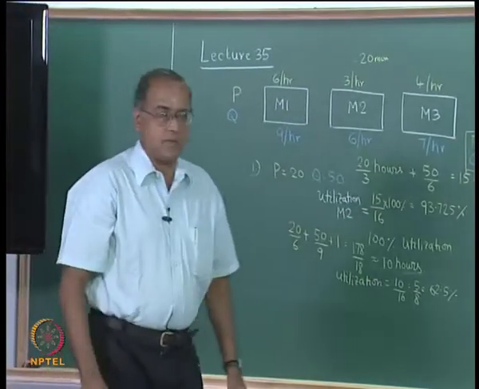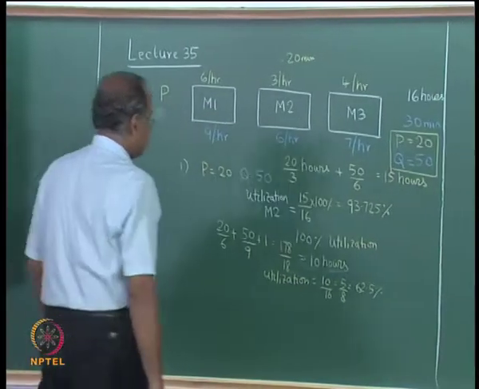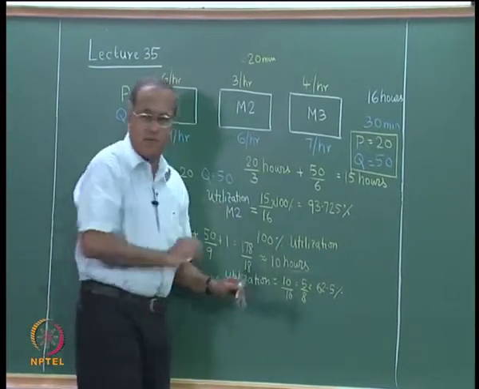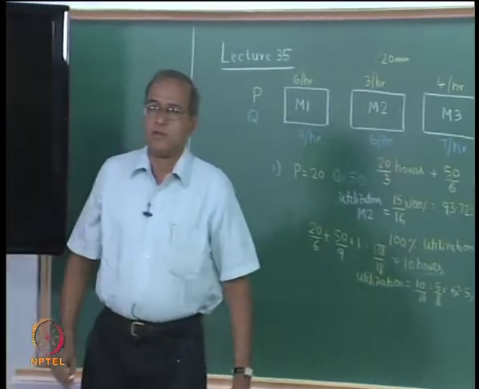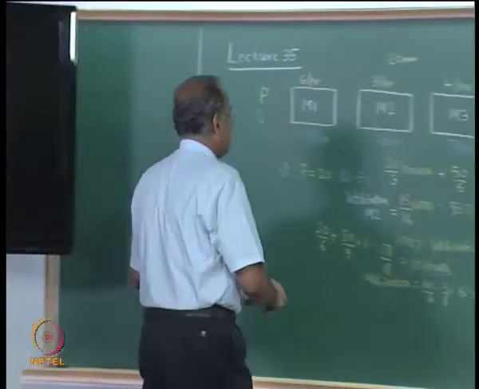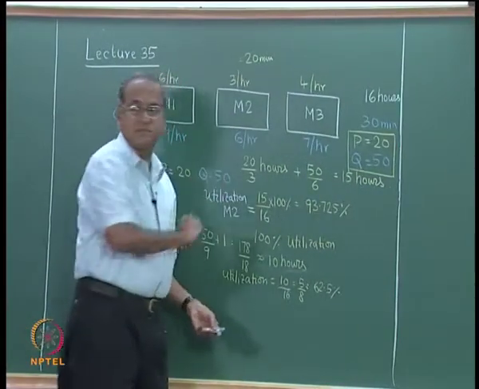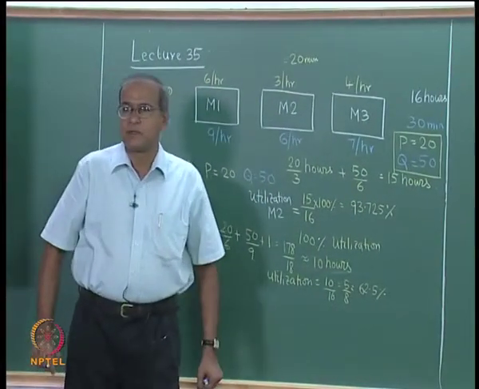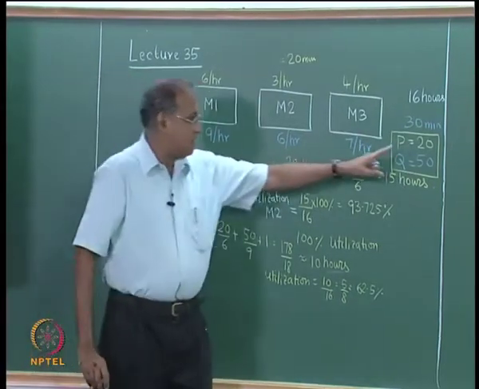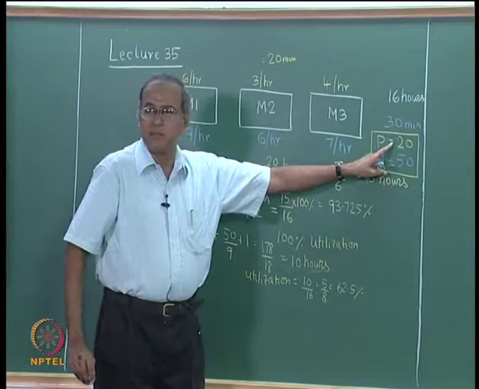So, we see principles 2 and 3, which say that in this case the utilization of the bottleneck resource is 100%. So, we can create additional capacity on this, provided we can create additional demand here.